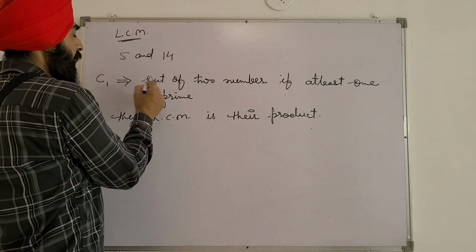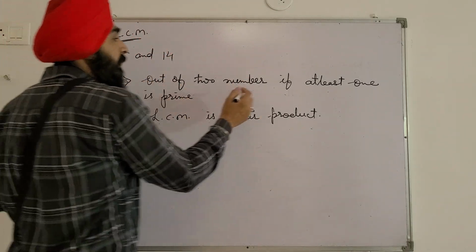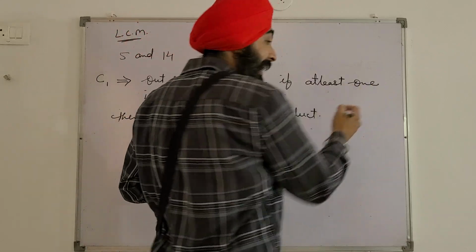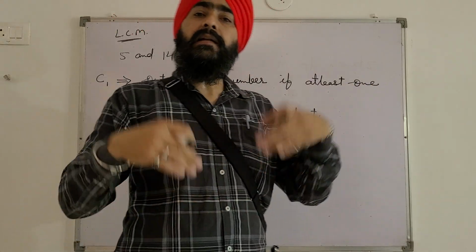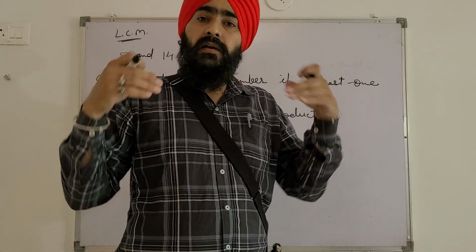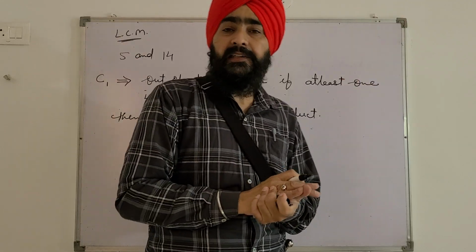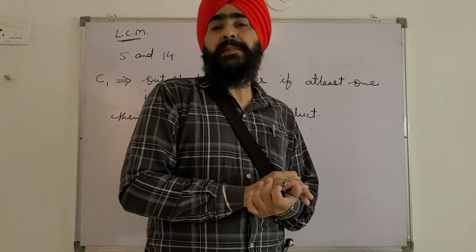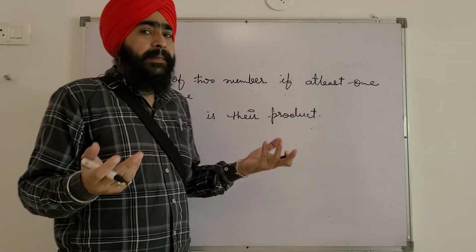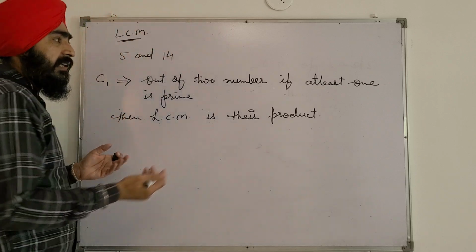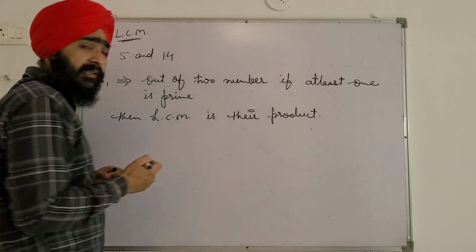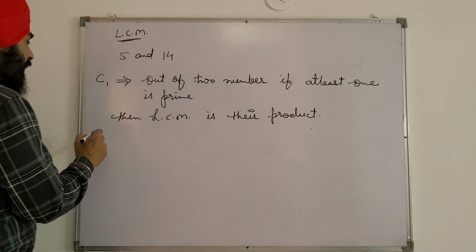Okay, so you can write here: out of two numbers, if at least one is prime. At least one means both are also allowed. At least one must be prime there. So if both are prime, it doesn't matter; we can just take the direct product to find the LCM.